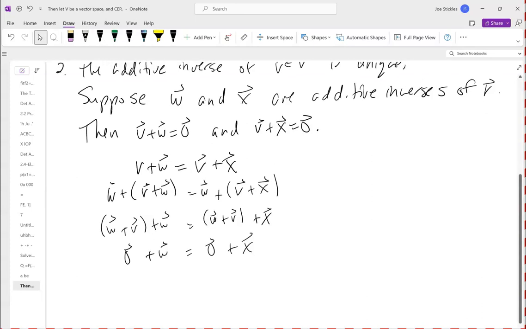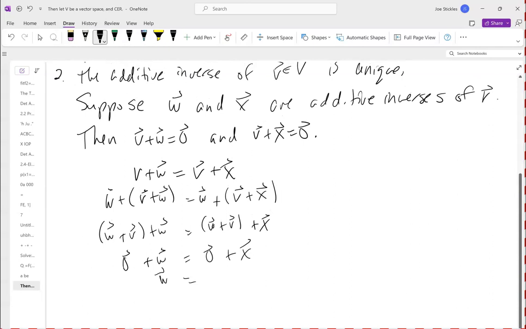Stays the same, right? So I get W equals X, which is what we wanted to show, isn't it? We're done. That was the end of that group. A little bit longer, but same concept, right?